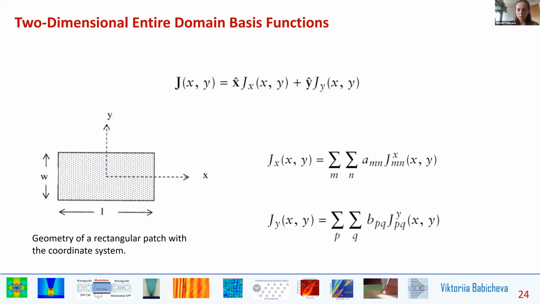So in this case, we can utilize a strip current basis function to develop the basis function for a rectangular patch. And we consider this patch with the size of L by W. The current components will be defined by these expressions.